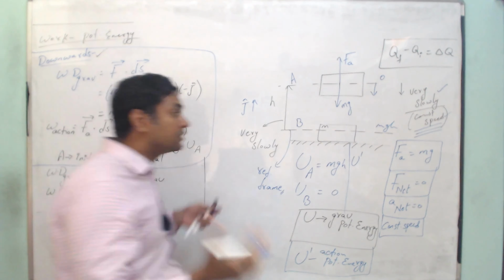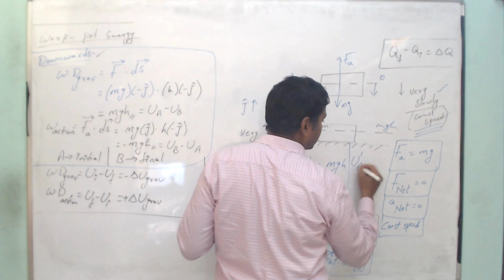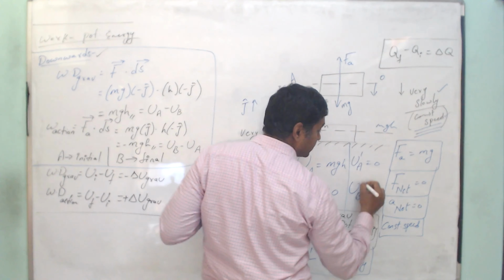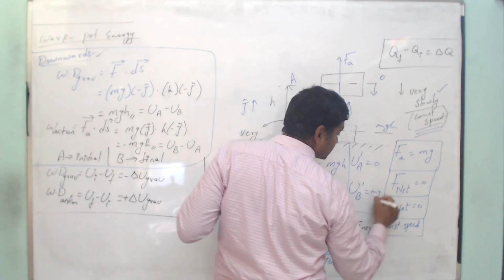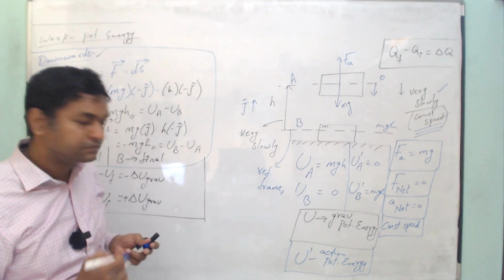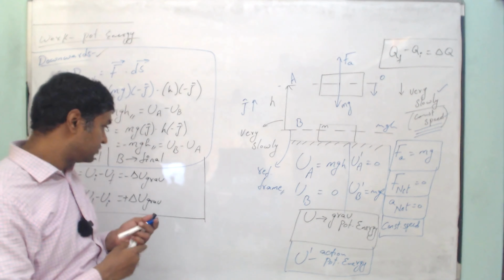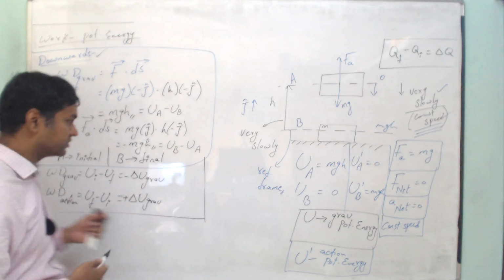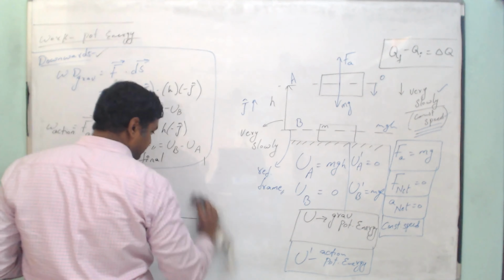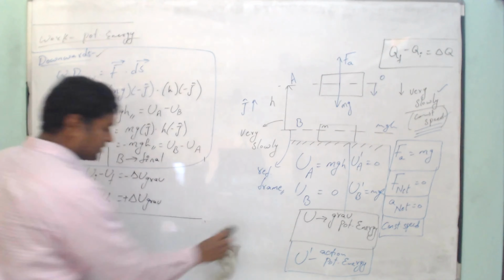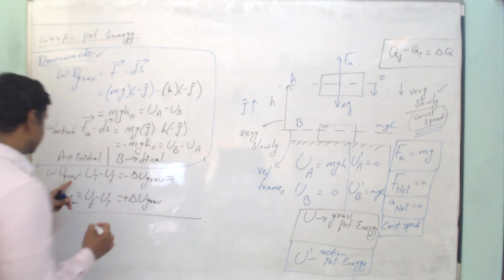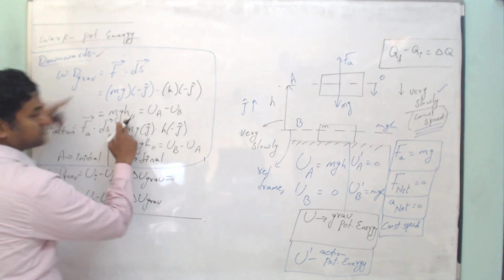Are you trying to understand this? In terms of U dash, if I take U dash A as 0, automatically U dash B becomes my mgh. So if I want to talk in those terms, what is the work done by gravitational force? It is mgh.